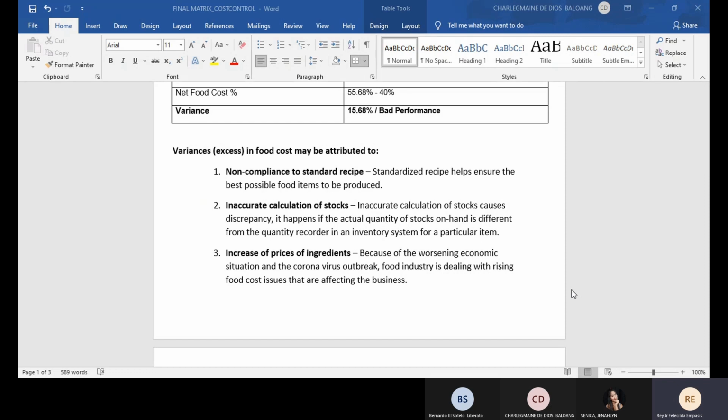That also enables the operation to make a profit. It's better that the cost of each recipe is calculated.